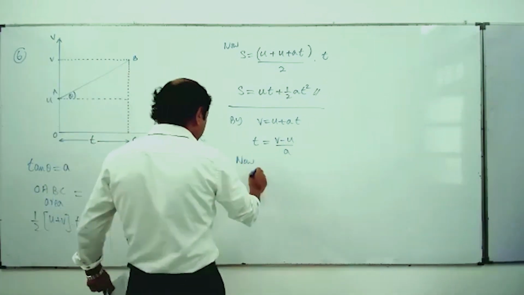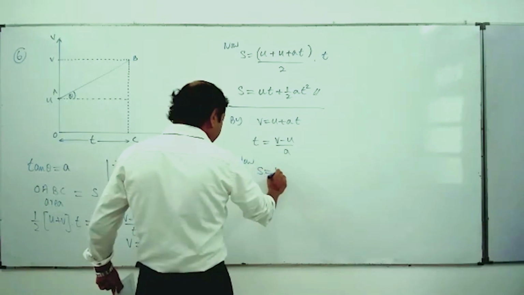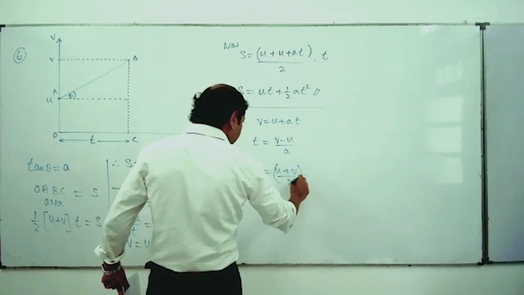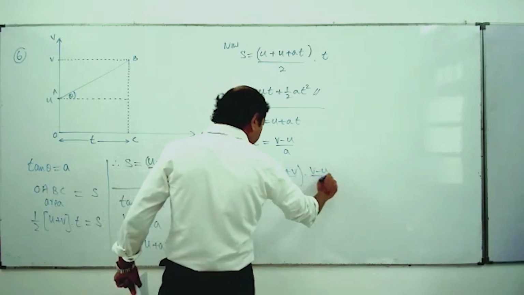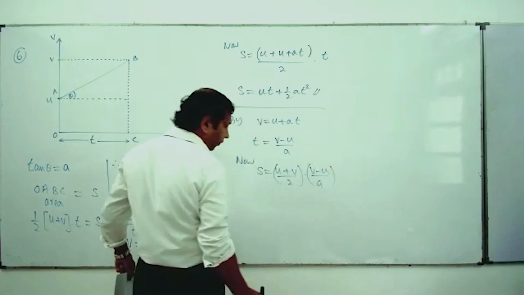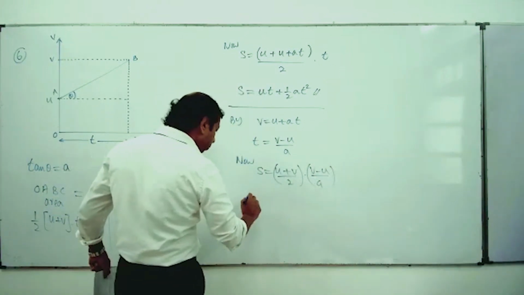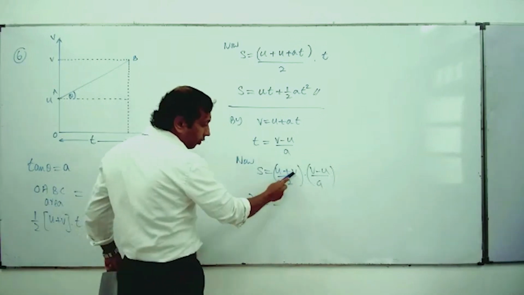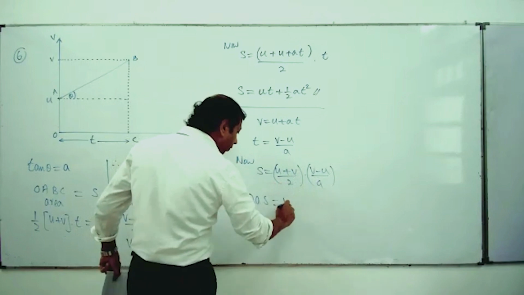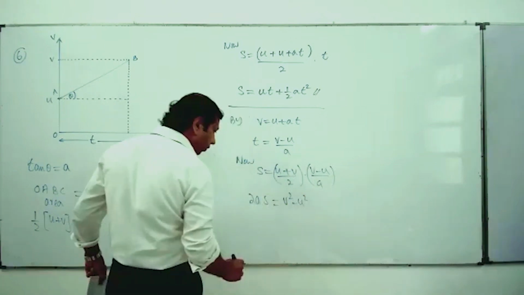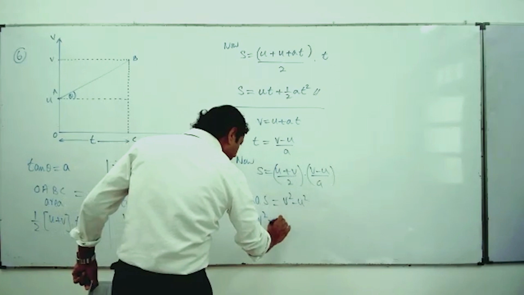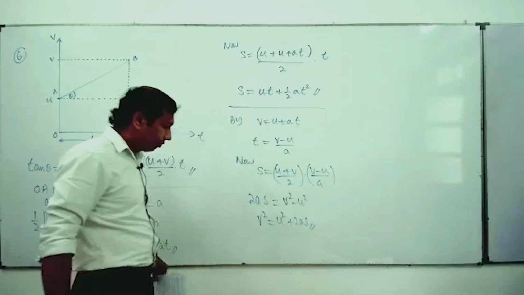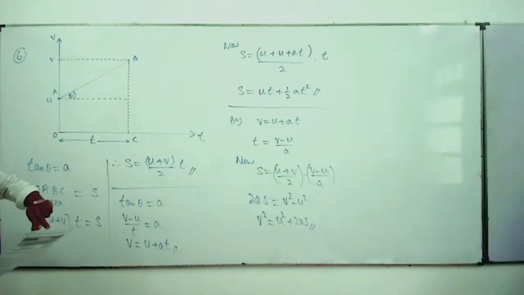Now s equals u plus v by 2 times t, meaning v minus u by a. 2a and this 2a is here, v plus u times v minus u is v squared minus u squared. Then v squared equals, bringing this side, u squared plus 2as. We get that now.